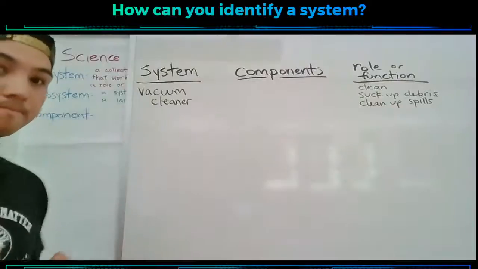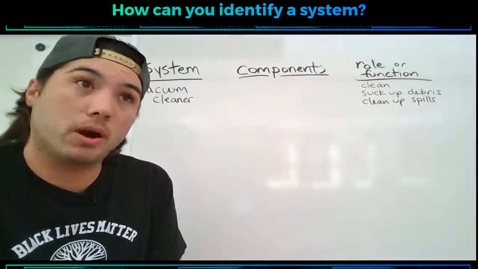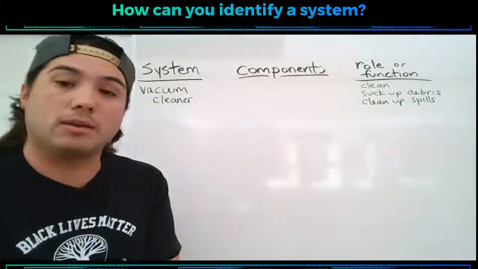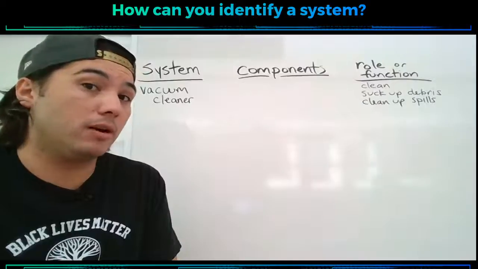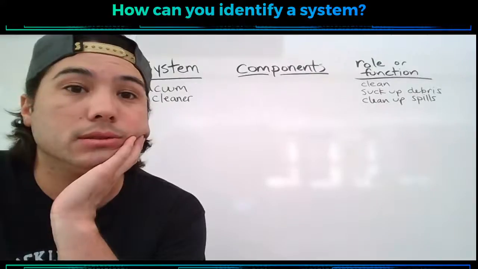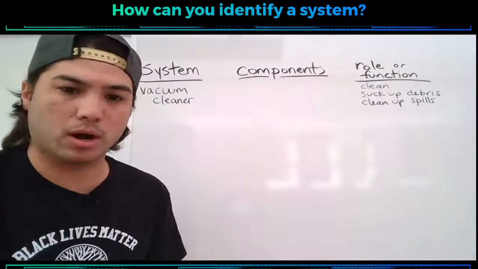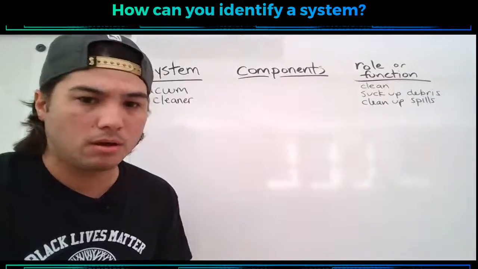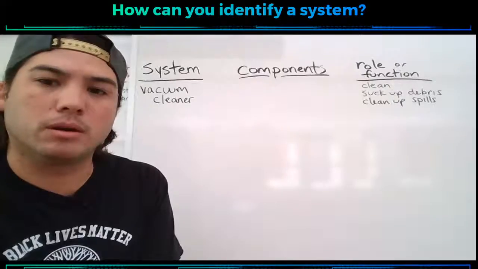Okay? So now let's think of what are the components or the parts of a vacuum cleaner. You can put them in the chat. Let's see how quickly our chat responds here on a live stream. So the question is, what components or parts make up the system of a vacuum cleaner?